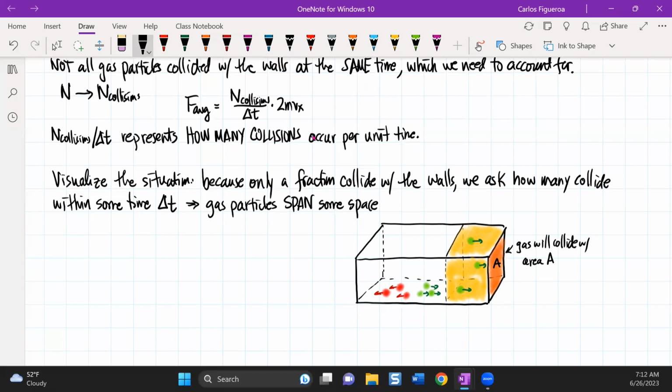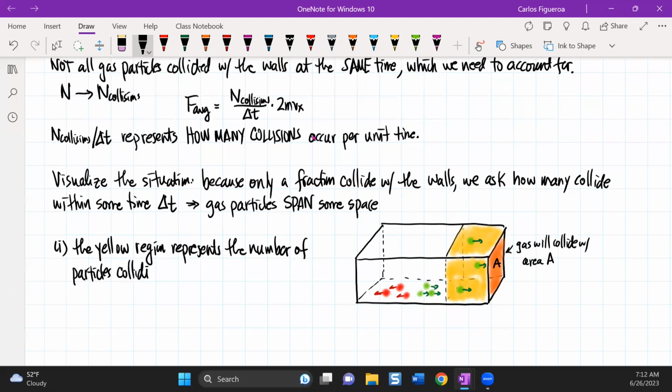The first thing is that the yellow region represents the number of particles colliding within a time delta t with the right wall.